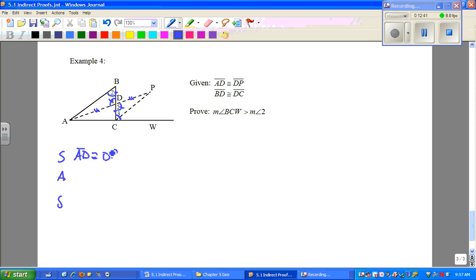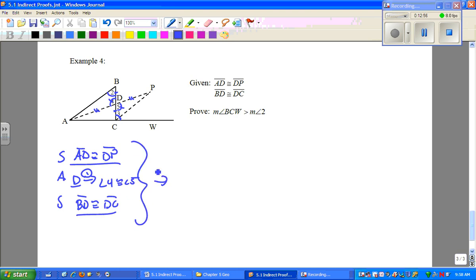AD is congruent to DP. We know that from the diagram, reason 1. Angle 4 is congruent to angle 5. And we also know that BD is congruent to DC. Put this all together.